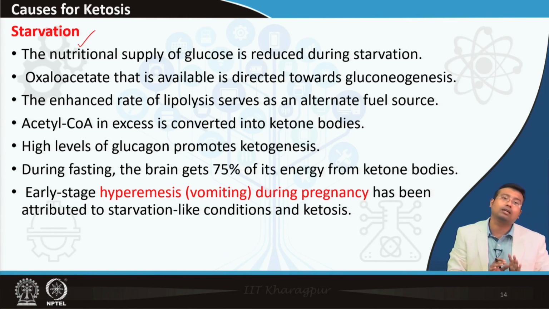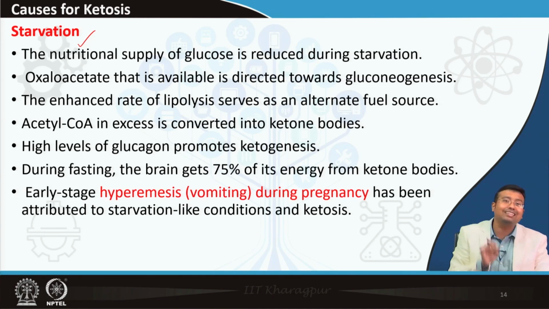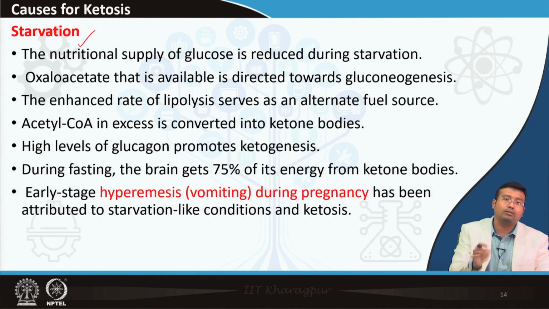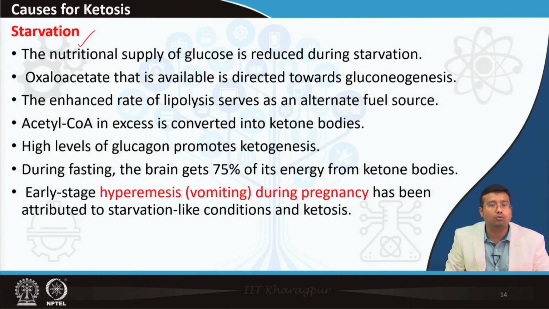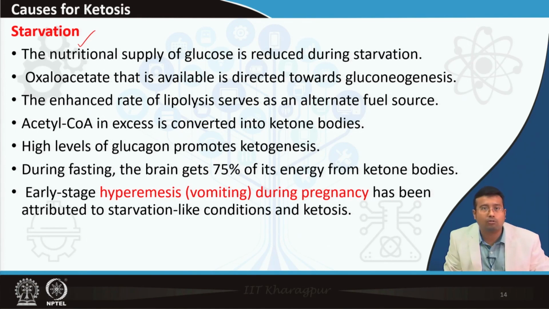As long as glucose is available from any sources, body will try to produce glucose. This leads to a situation where there is no glucose, excess acetyl coenzyme A is formed from breakdown of fatty acid. Now, this acetyl coenzyme A has got nowhere to go, and this leads to production of ketone bodies.